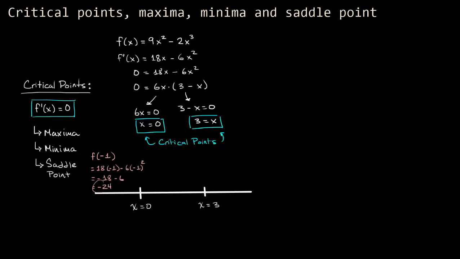The only thing that actually matters is the sign of this output, which is telling us that the function is descending up to the point where it reaches x equal to 0.